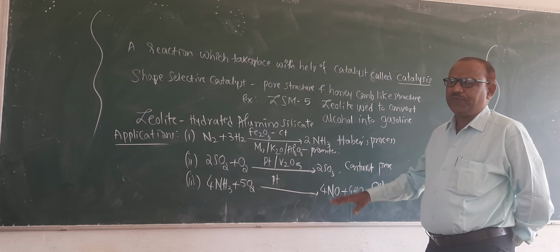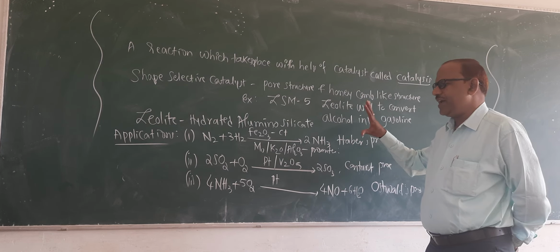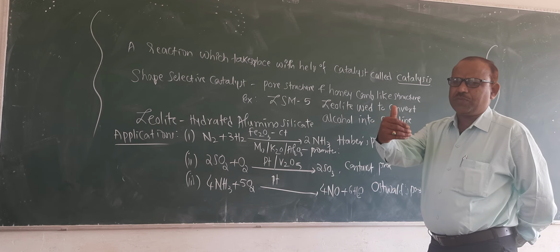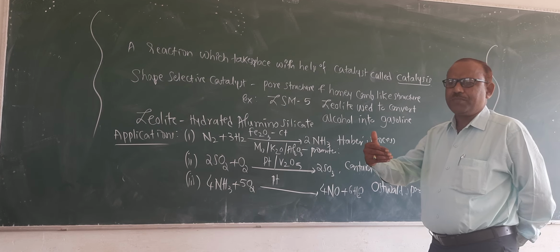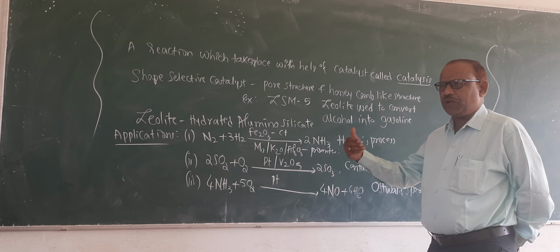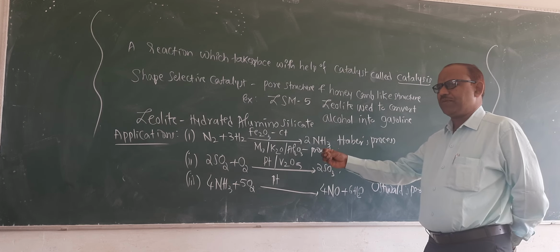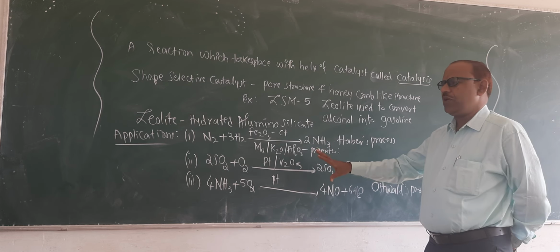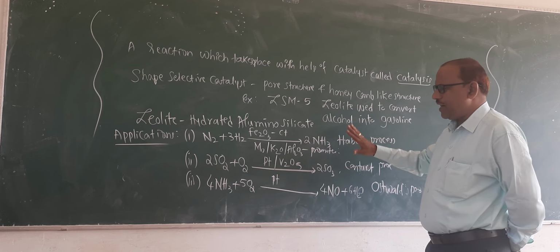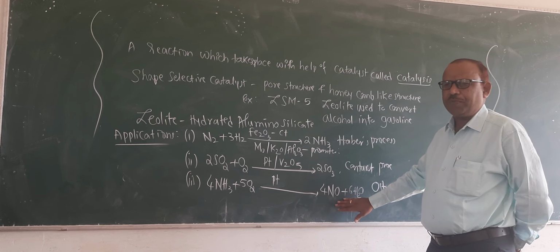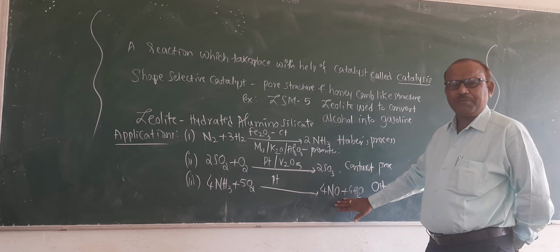You should not find it difficult to give the applications of a catalyst, because any suitable example, if you give it by indicating a particular process and a particular catalyst, becomes the proper application. Or else, you can recall what you studied in the earlier topic of p block elements.